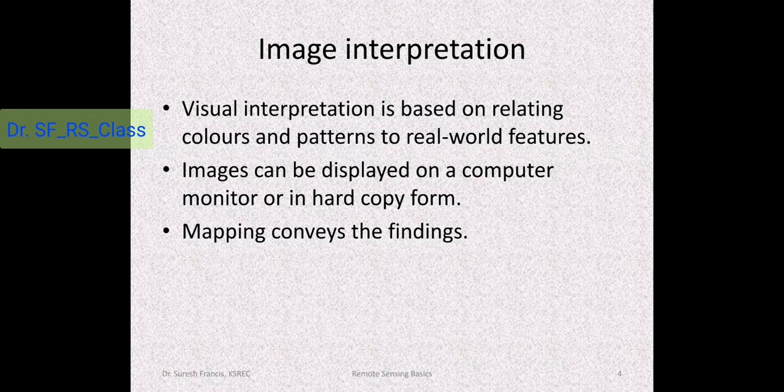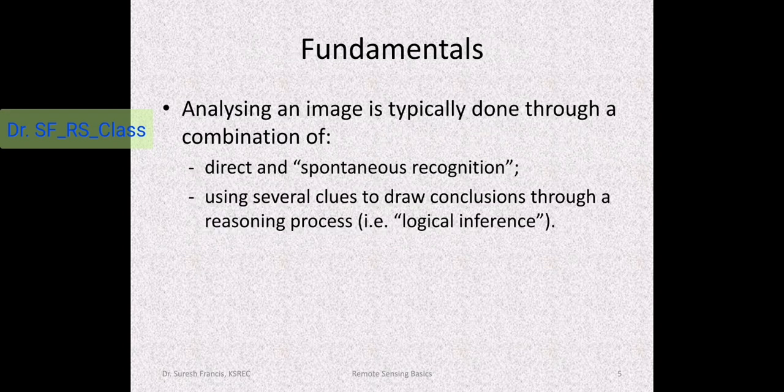So the expertise and the mapping convey all the findings and information from the satellite data. For this, analyzing and interpreting an image is typically done through a combination of activities. First thing is spontaneous recognition.